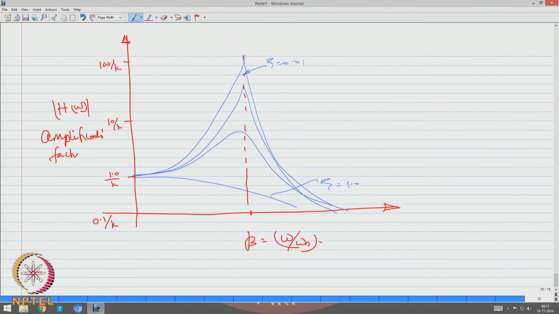In the above equation, we should say that h omega is 1 by k of 1 by root of (1 minus beta square) square plus (2 zeta beta) square, e to the power of minus i phi. That is what we have used.